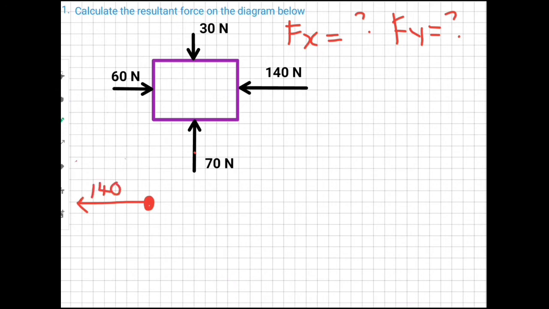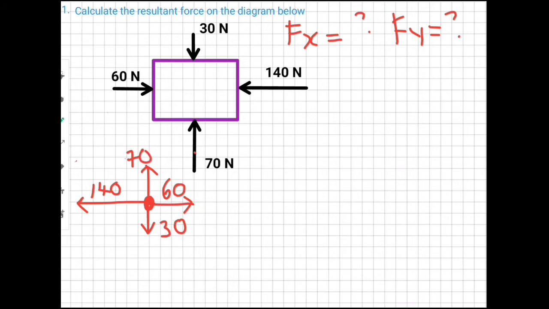So there's my 140 newtons, and then the 60 newtons is now going in that direction. There's my 60 newtons. The 30 newtons is now going downwards, and then the 70 newtons is now going upwards.